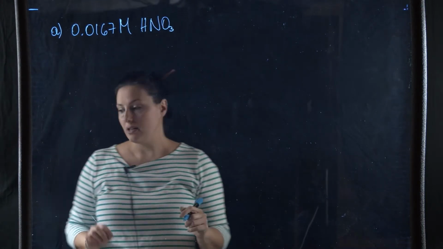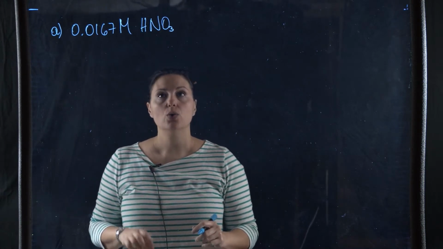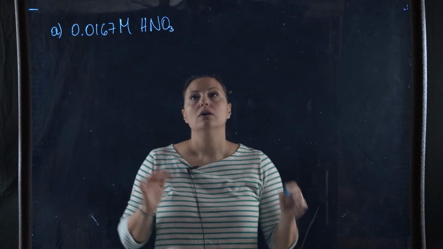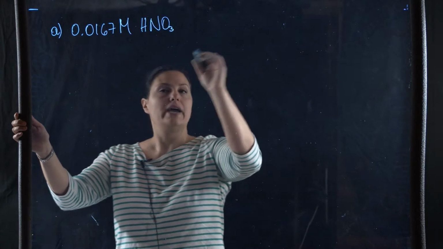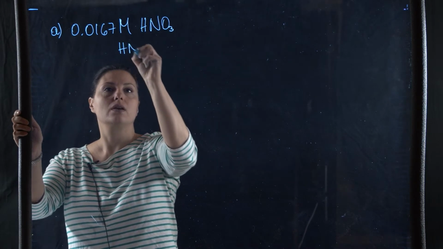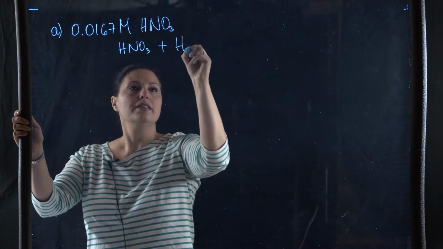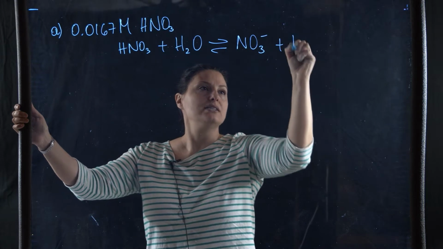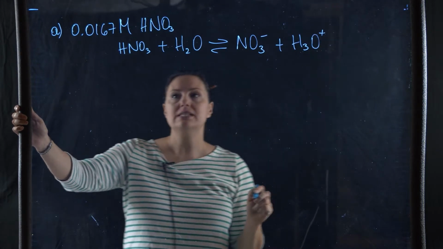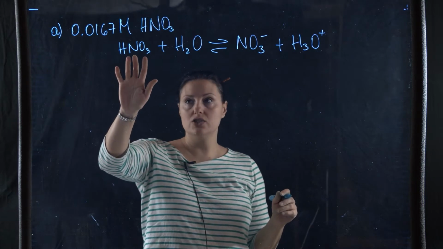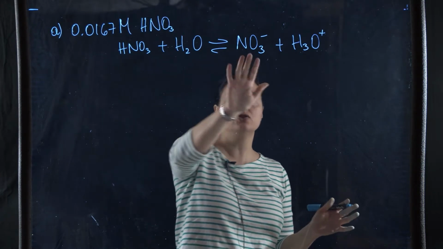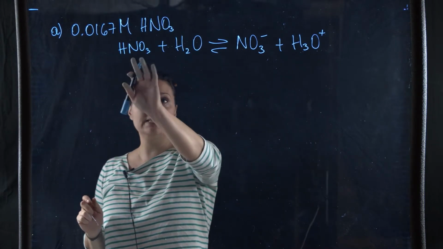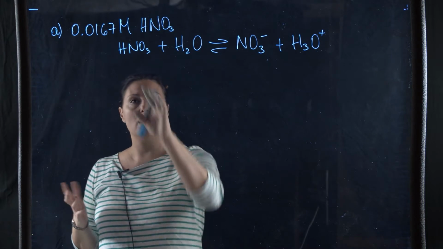Now, because it tells us that they are strong acids, we know that all strong acids fully dissociate. If I were to write this reaction of HNO3 in water, it fully dissociates to give you NO3 minus plus H3O plus, which means that because all of my HNO3 splits up into these 2 ions, the concentration of H3O plus in this solution is going to be the same as the initial concentration of my acid.